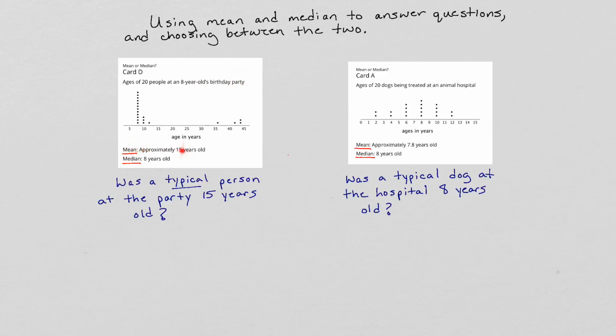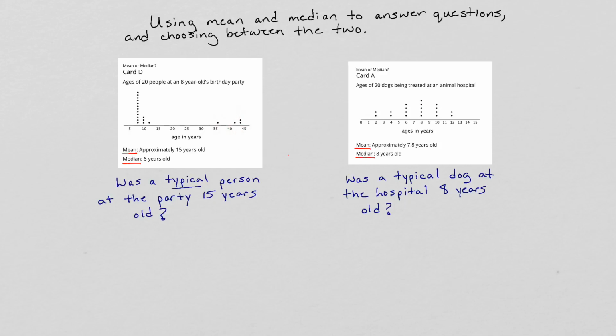And the mean is 15 years old. If we add all these together and divide by the number of people we had, we get 15. The median, when we count and find what the center of the data is, it's 8 years old. Well, the reason we have such a huge spread here on the data is because we had the kids and then we had the parents.